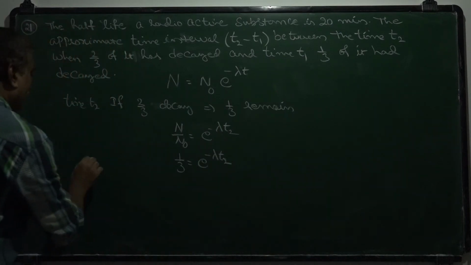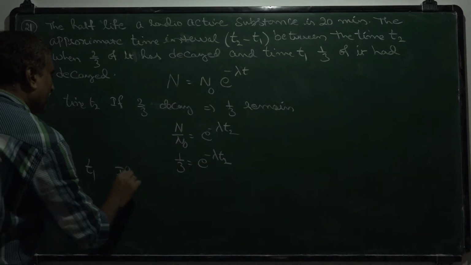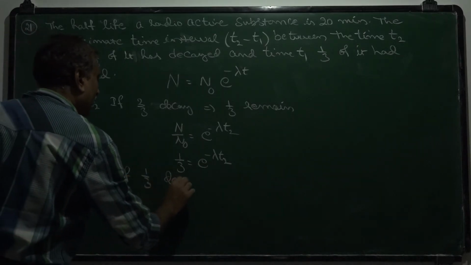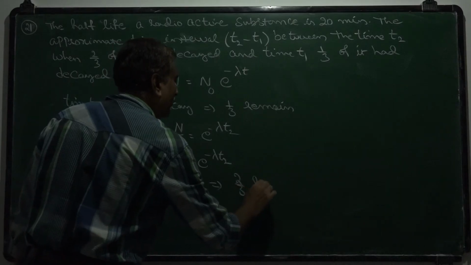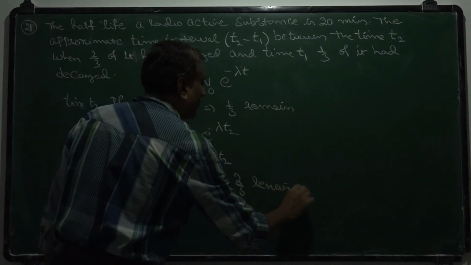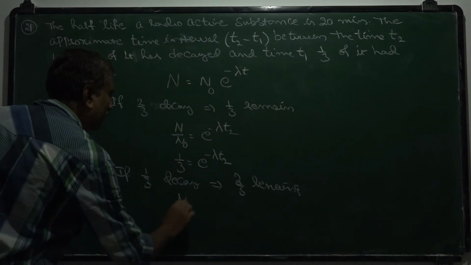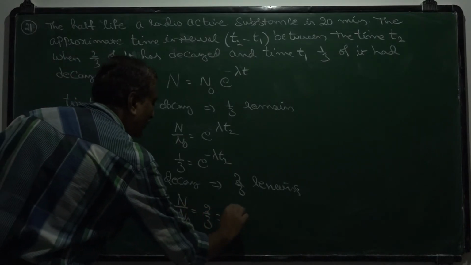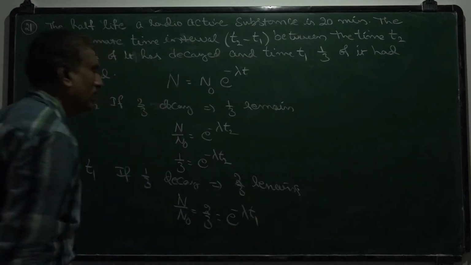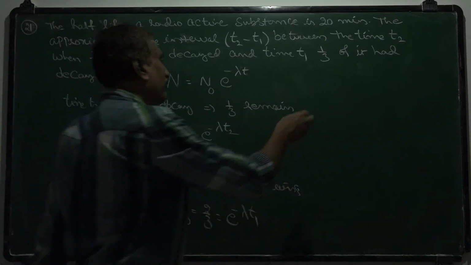Now for time T1, if 1/3 is decayed, it implies 2/3 remains. So in this case we can write N by N0 is equal to 2 by 3, that is equal to e power minus lambda T1. Now we take the ratio of these two.